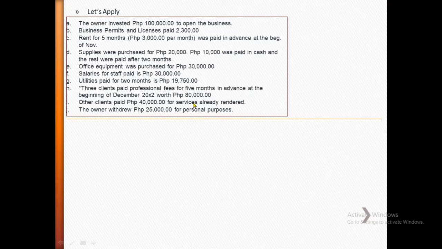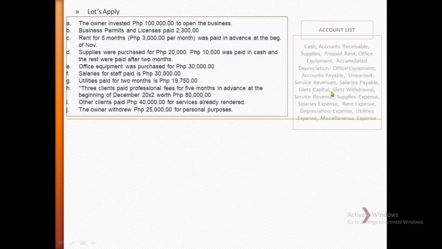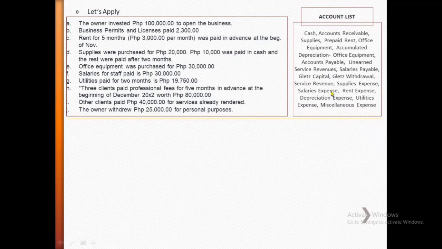So for this video, we are going to ignore the second set of transactions. And of course, we're going to add here the account list so that we can journalize. Aside from that, we are going to ignore some parts of a complete journal entry, for example the date, the explanation, and the number sign, in order to maximize this space. With that, let's start.